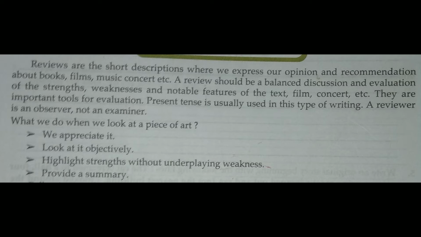Means a reviewer is an observer. For example, what do we do when we look at a piece of art? We appreciate it. We look at it objectively. We highlight strengths without underplaying weaknesses. We provide a summary.